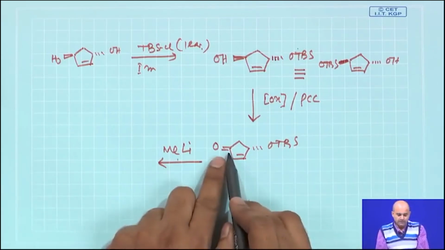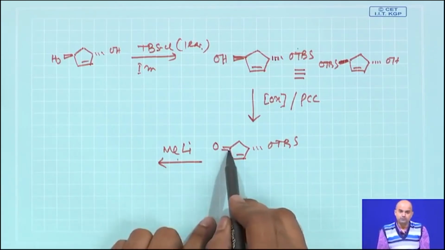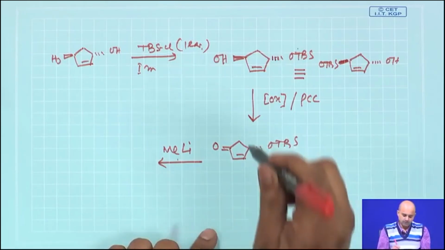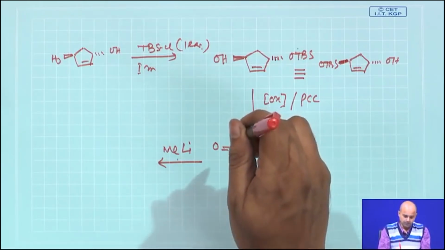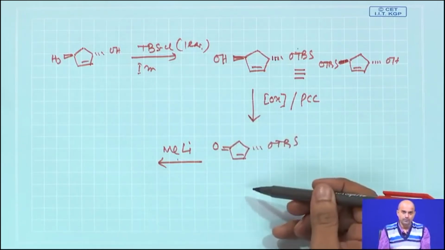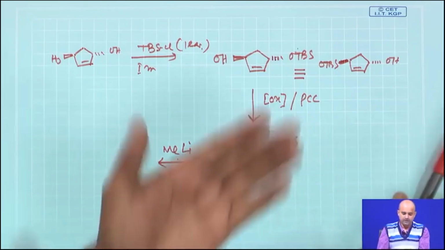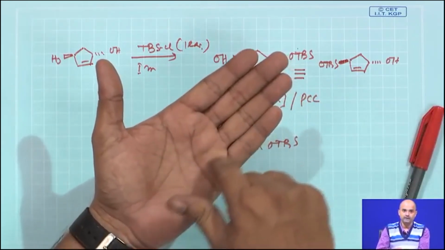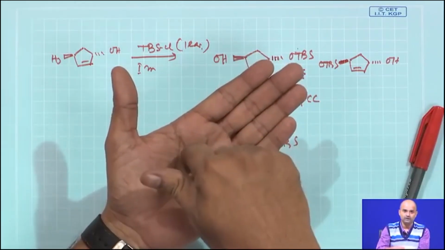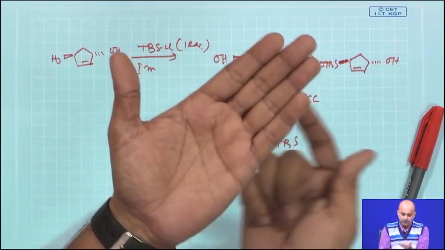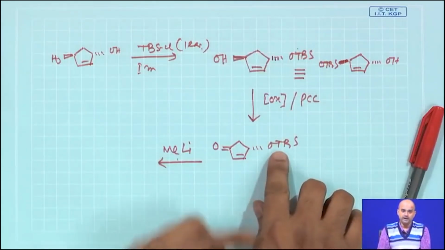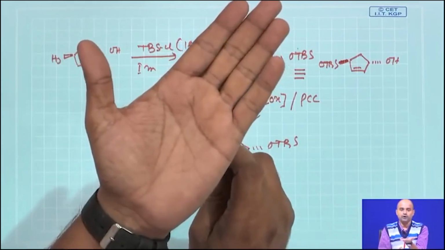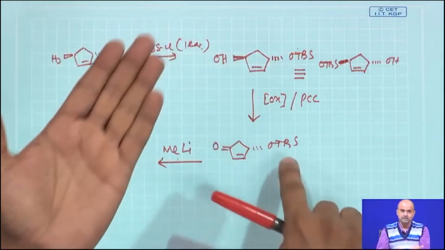This is the alpha beta unsaturated carbonyl, a flat sp2 carbonyl. Methyl lithium can come from the top face or from the bottom face of the cyclopentane ring. Now, see, TBS blocked the bottom face. So, the bottom face is blocked by this bulky TBS group.